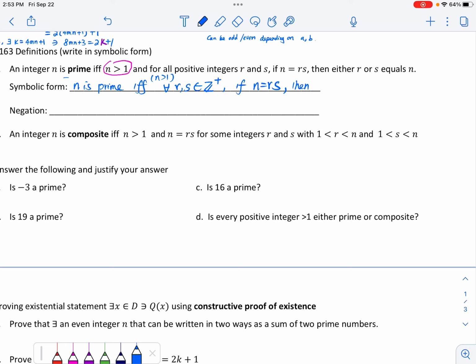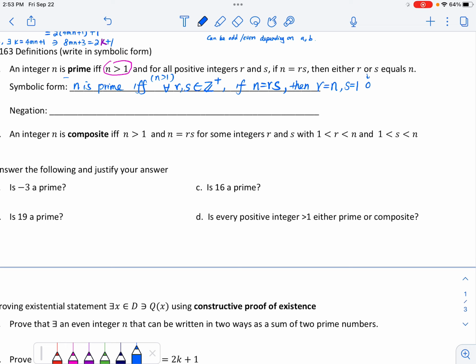Then either r is equal to n or s equals n. In other words, r has to be equal to n, and when r is equal to n, s has to be equal to 1, right? So at the same time, this also implies s has to be 1.